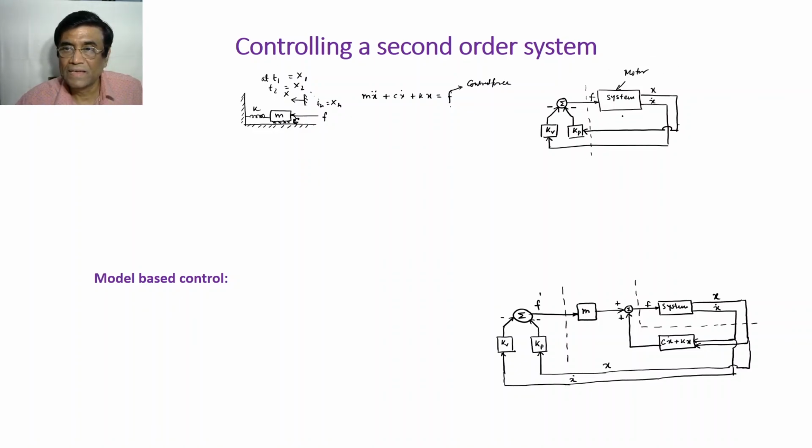Each motor can be drawn like this. So this is my system in general terms, and I am now forcing the system with this force F. If I apply the force, I will be able to move m somewhere, say to x, with some velocity, say x dot.